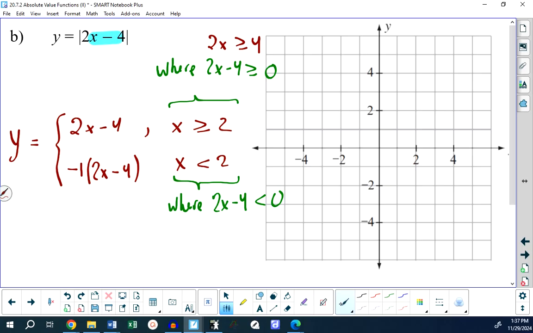So, Sukman, this tipping point where x equals 2 is going to be always where y equals 0. Because that's where it changes from being negative to positive, or positive to negative. And that means that this point is going to be a point on this function.